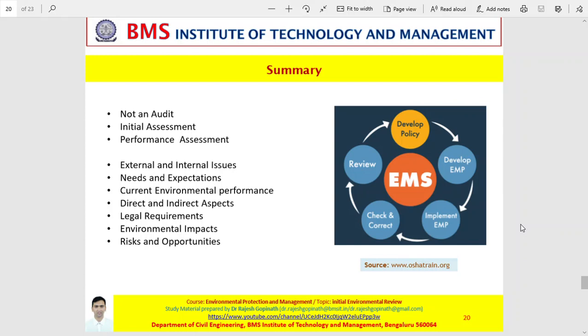Further, it deals with the identification of the applicable legal requirements. Moving on, it deals with the assessment of the significance of environmental impacts with a life cycle perspective. Finally, initial environmental review is all about identifying the risks and opportunities associated with the environmental management system.